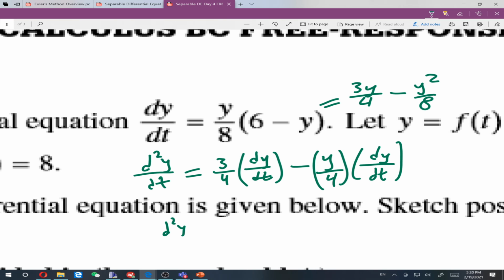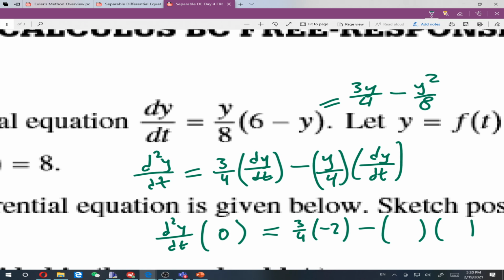So the second derivative of y when t is 0 is equal to 3/4 times what? Negative 2, minus 2 multiplied by negative 2.